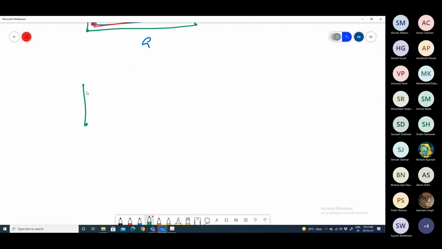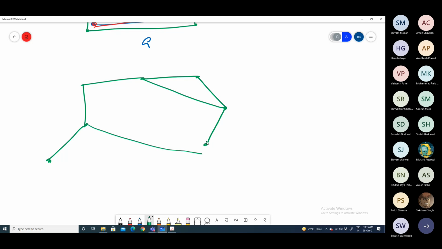For an example, if you just take this graph. Say you have this graph. Okay. Now note that, see, this is a cycle. Now we can remove any one of these edges. Say remove this one. Then again you have a cycle, the big cycle, this.